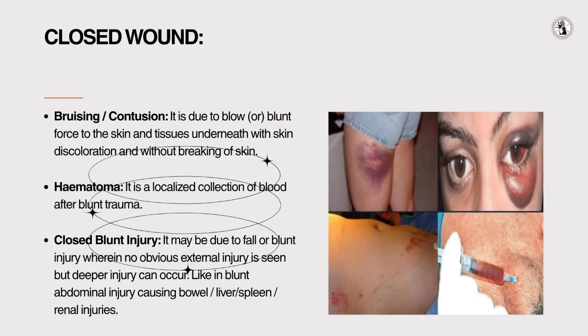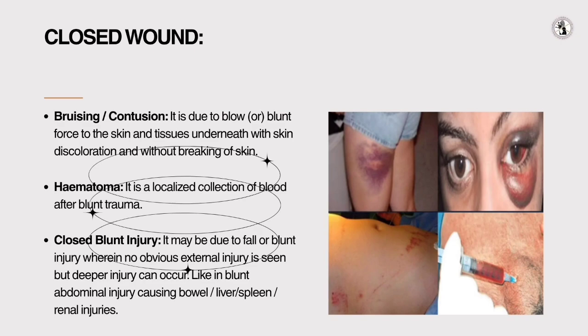Then hematoma is a localized collection of blood after blunt trauma. If anything happens to our body, the accumulation of blood in a particular localized surface causes bulging out of that surface. So that is hematoma. Basically, it is a collection of blood in a particular surface which is not able to release itself.